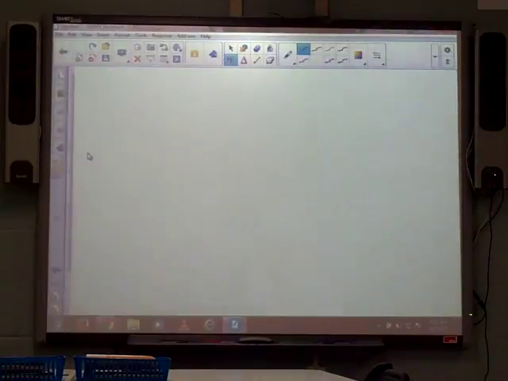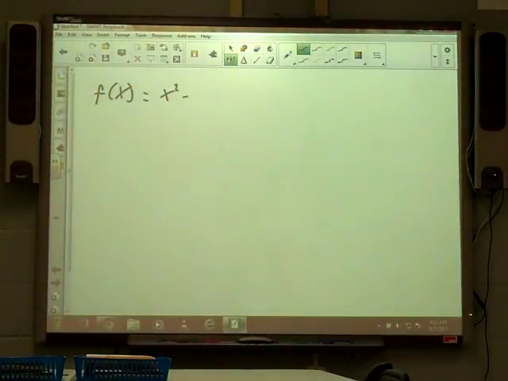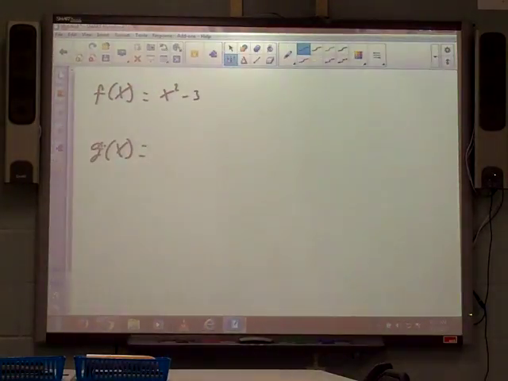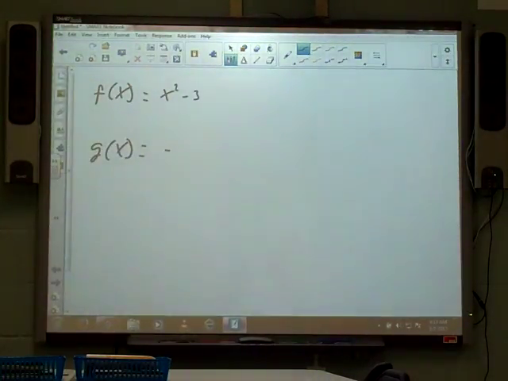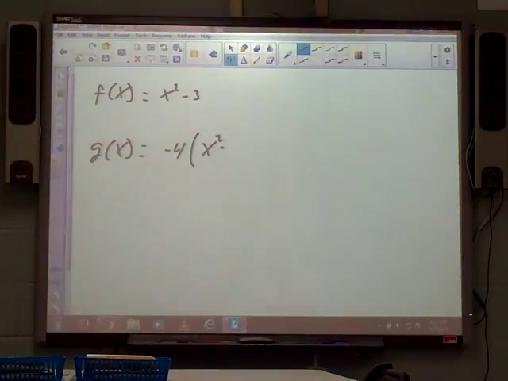Number 2, it gives you f of x is equal to x squared minus 3. Wants us to write a rule for g, so we're going to have g of x equals something. All right, it says a vertical stretch by a factor of 4 and a reflection on the x-axis. Reflection x-axis and vertical stretch, those just both go out in front. So I'm going to have my reflection and a vertical stretch of 4 out in front of that whole thing.